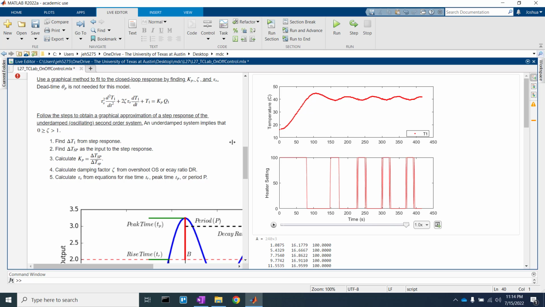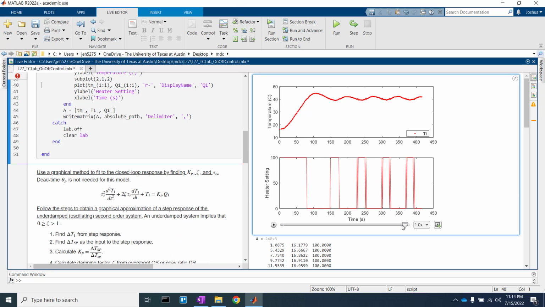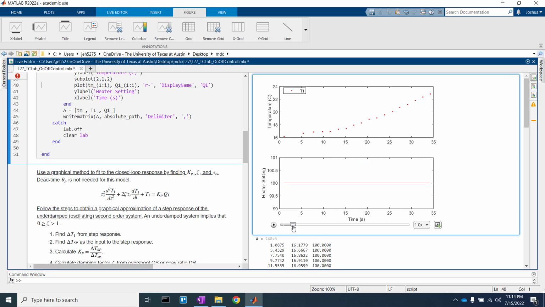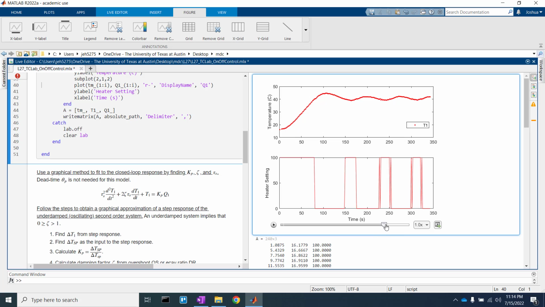So our first question is, what is the delta T1? Well, delta T1 goes from, and we can go all the way back, we'll call that 16. So our delta T1 is going to be, I'll just get the pen out, we'll just do it all together, 40 minus 16, which is going to be 24.